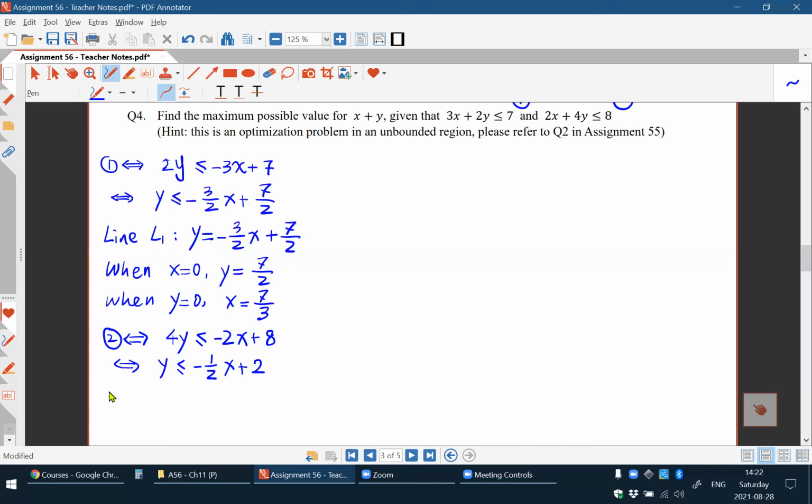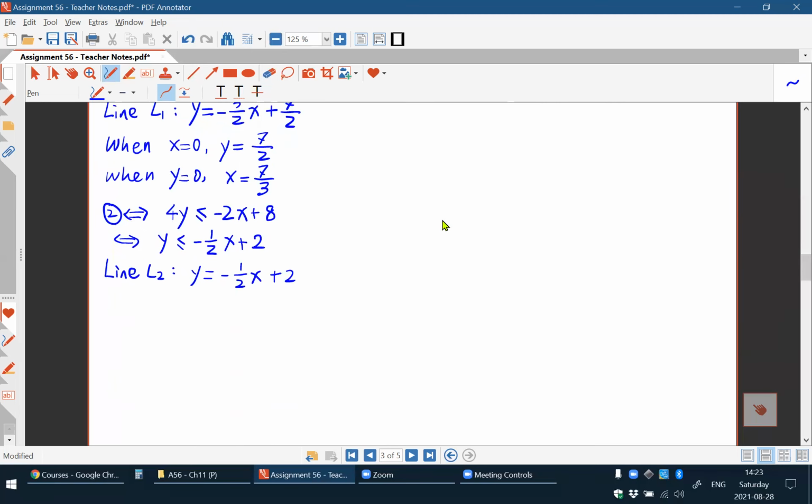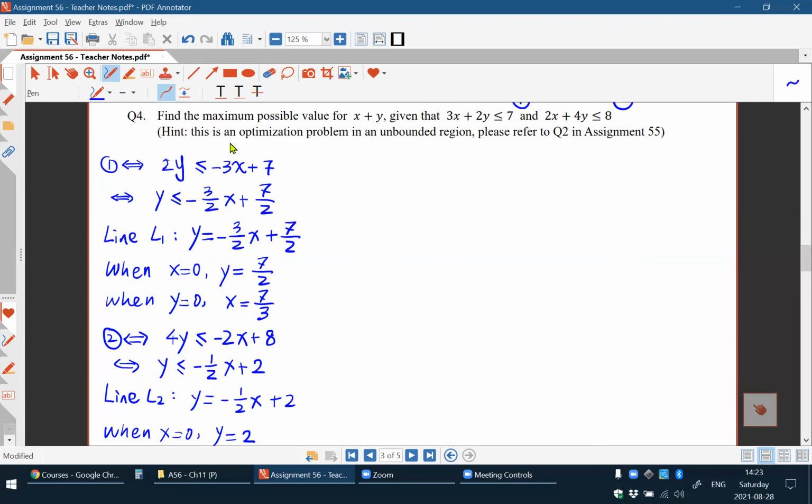The corresponding boundary line L2 is y equals minus 1/2 of x plus 2. Again, find its x and y intercepts. When x is 0, y is 2, and when y is 0, x is 4. So let's draw these two lines on the 2D Cartesian plane first.